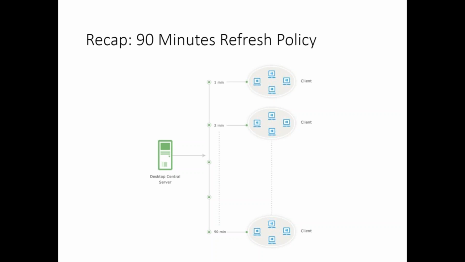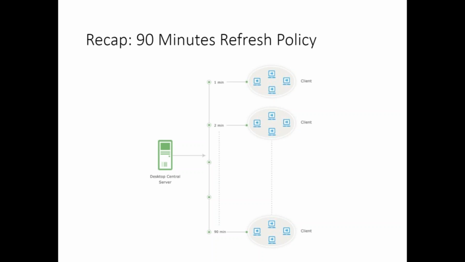In that case, you have, let's say, 100 machines contacting the server in the first minute, then the next set of 100 machines contacting the server in the next minute. If you allow all 5,000 machines to communicate with the server at the same time and deploy the package, it will impact your network. It may choke up your network. It may also impact performance, with a CPU spike on the server end.